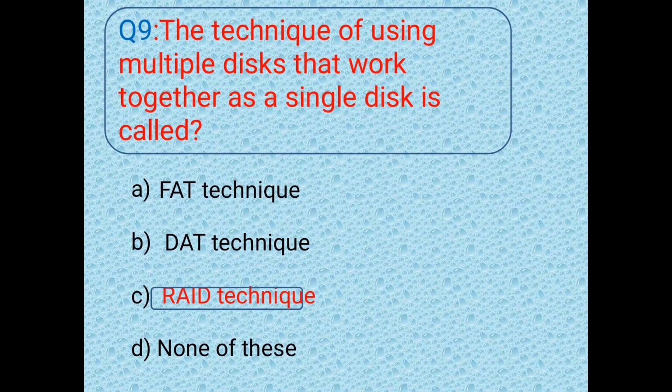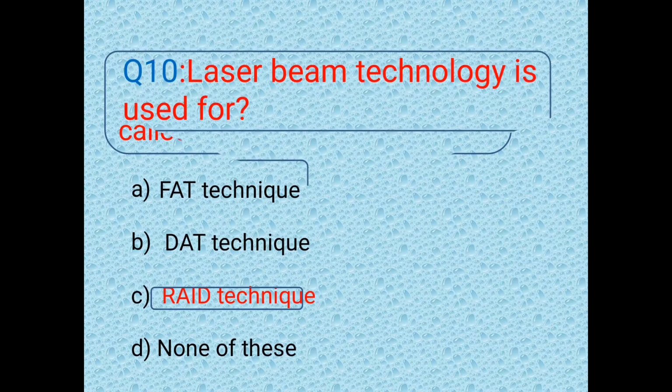Where is it used? RAID is used to store data across multiple hard disks in order to reduce data loss and improve the performance of the system. So the correct option is C.